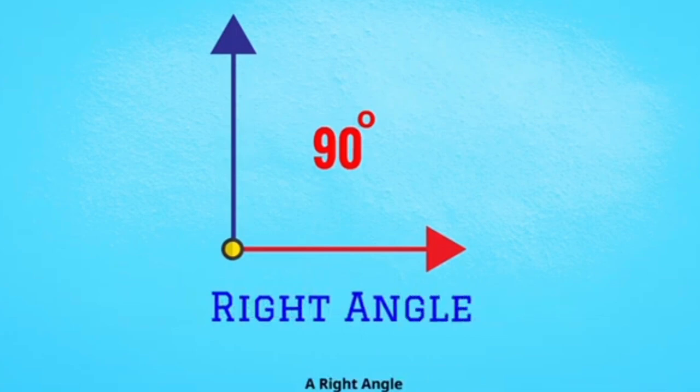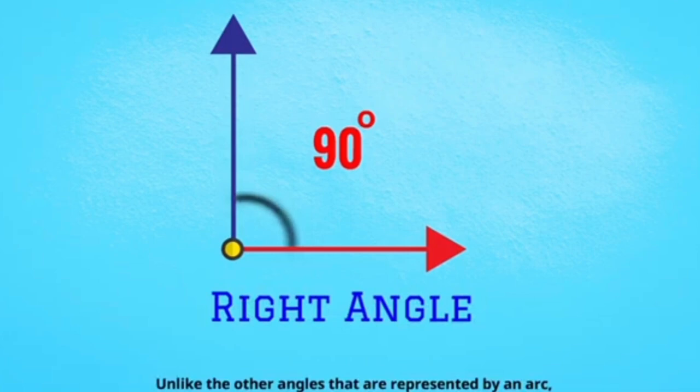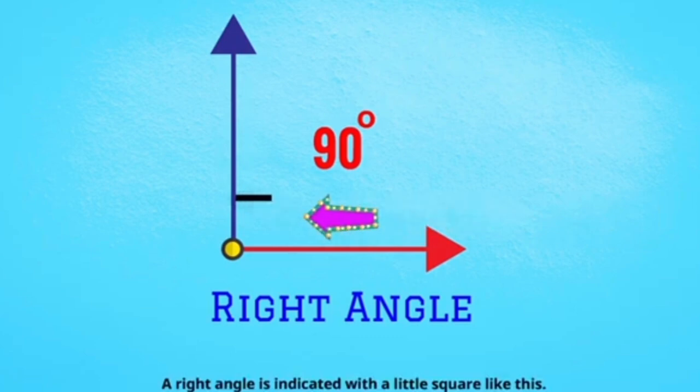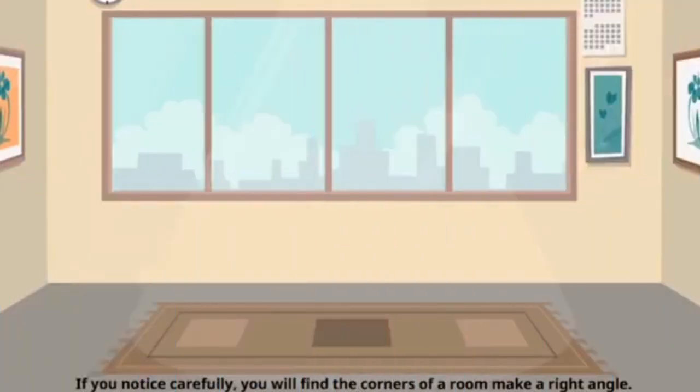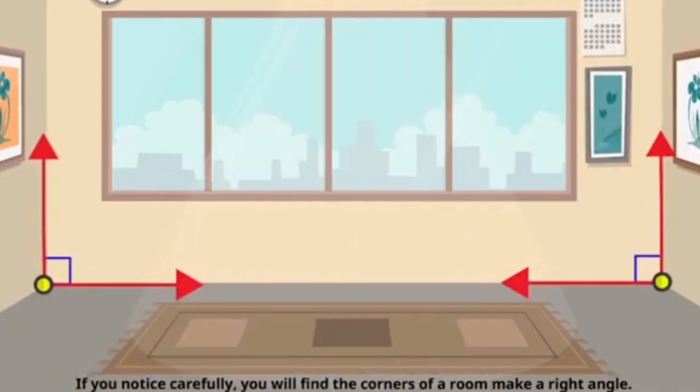Right angle. Yes, a right angle. Unlike the other angles that are represented by an arc, a right angle is indicated with a little square like this.